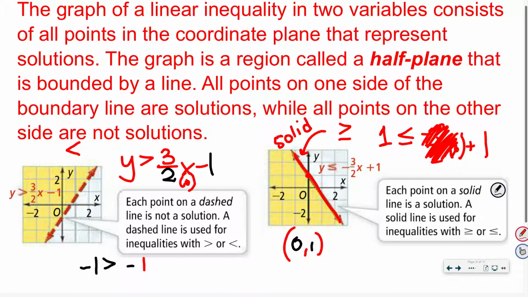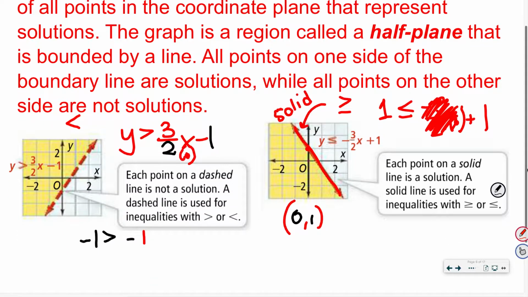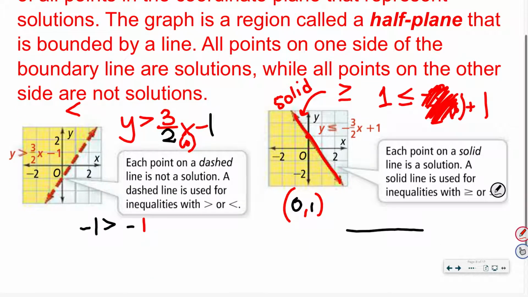So now remember when you learned how to graph inequalities, and you learned on a number line that this meant that the value was part of the solution, and then this meant that it was like the border, but it didn't count as part of the solution. That's the same idea as the solid line and the dashed line, but now we're talking about a linear inequality.